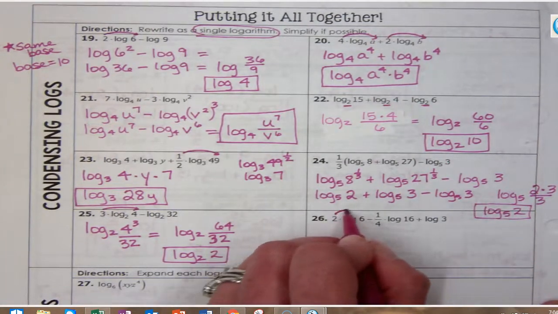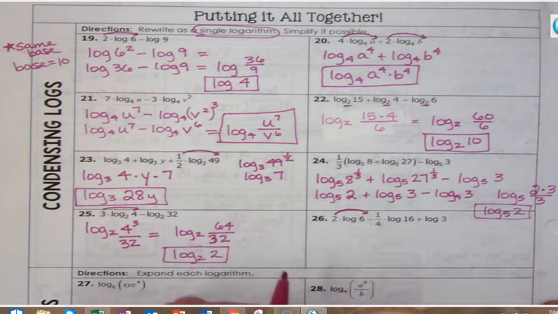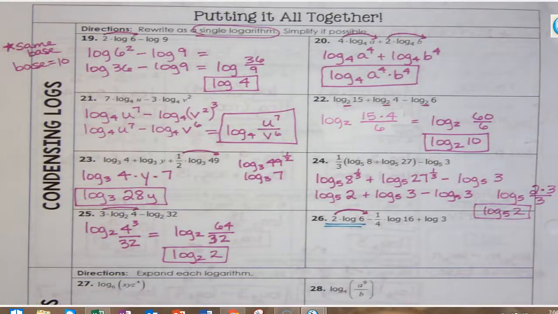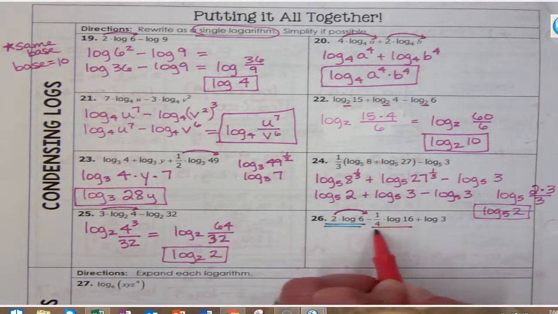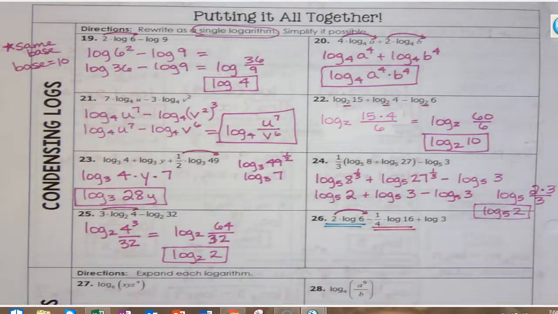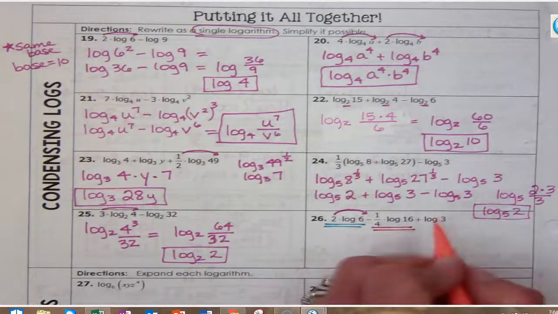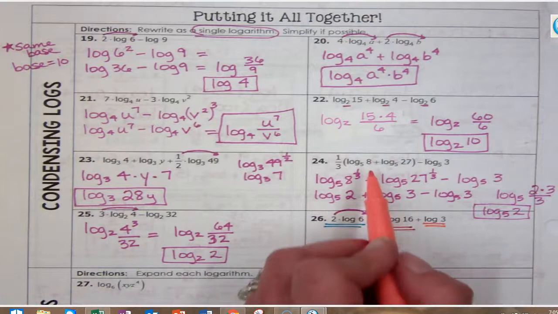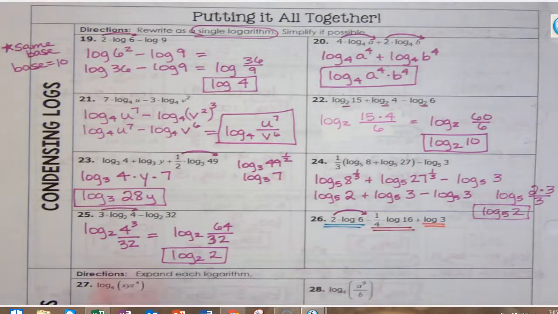I'm moving this to the 6 because you have to keep in mind that these are 3 different logarithms. There's one. There's a subtraction sign. Here's another one. Then there's an addition sign. And here's a third. So there are 3 different, just like up here, you have to keep them each separate until you combine them.